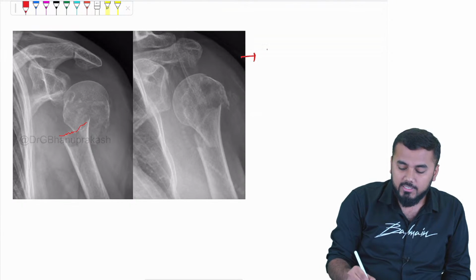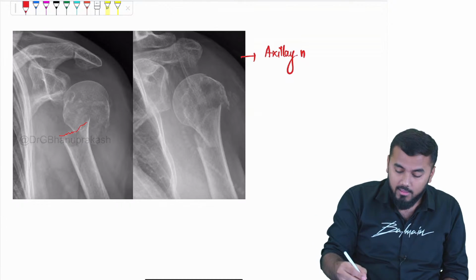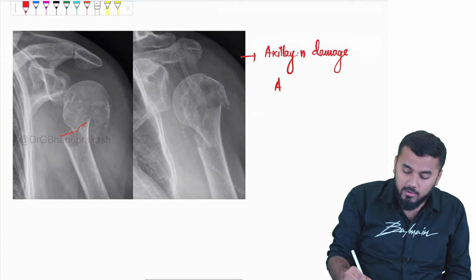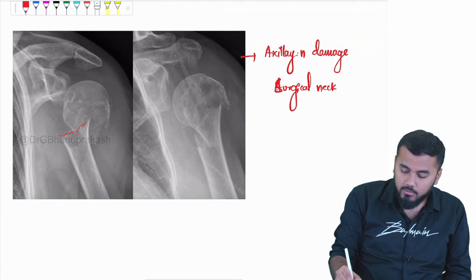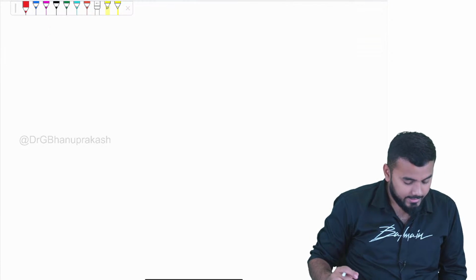So this patient might have axillary nerve damage due to surgical neck fracture. Not radial, Daniel. It is axillary.